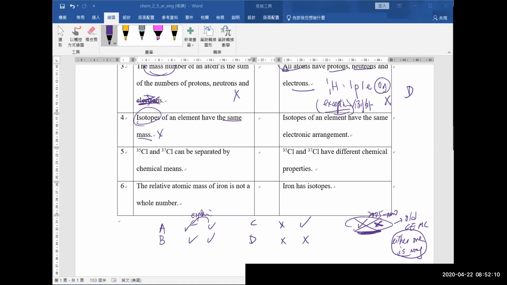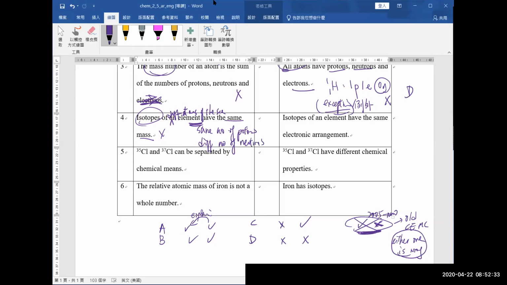So remember, isotopes refer to the different atoms of the same element, which have the same number of protons, but different number of neutrons.